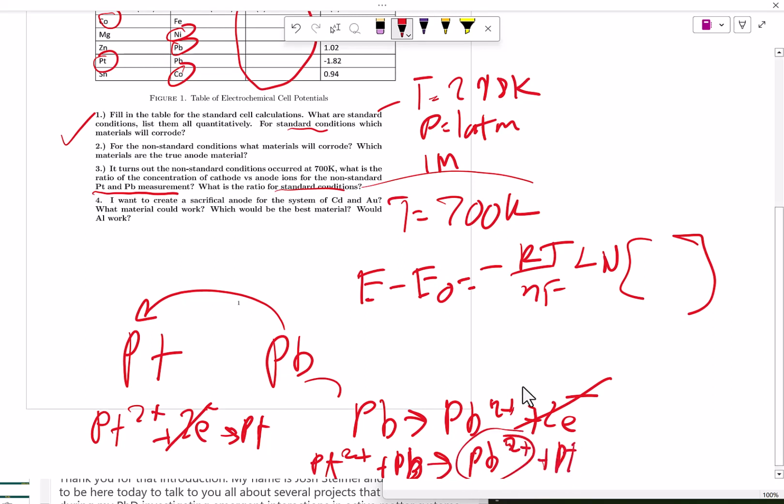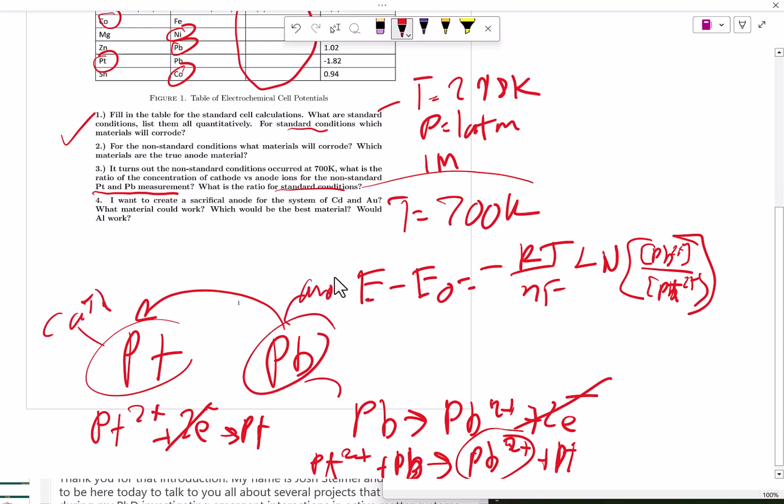Our concentration of products, which is the concentration of Pb 2 plus, over our reactants, which is Pt 2 plus. In this scenario, this is the true cathode and this is the true anode material. So the question is asking for the concentration of cathode over anode, so we're actually looking for the inverse of this. That's the trick to this problem. Whatever we solve for as X, we want to take 1 over X to get that ratio.